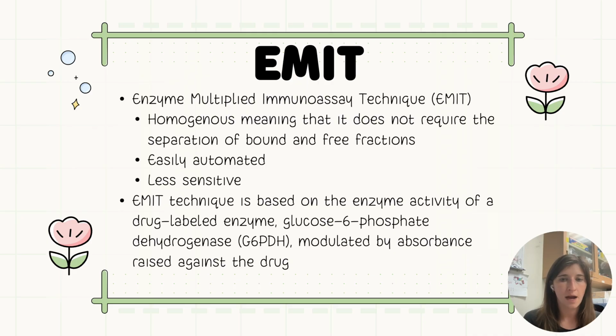And the theory behind EMIT is that it is based on the enzyme activity of drug-labeled enzyme G6PDH. And this is modulated by the absorbance against the amount of drug. So the enzyme activity of the presence of glucose 6-phosphate results in the conversion of nicotinamide adenine dinucleotide, or NAD, to its reduced form, NADH.